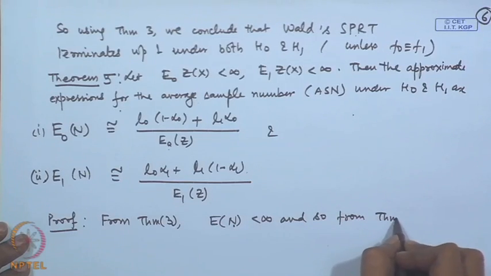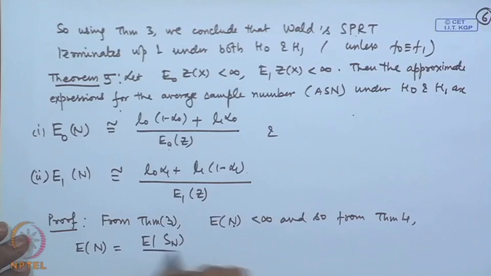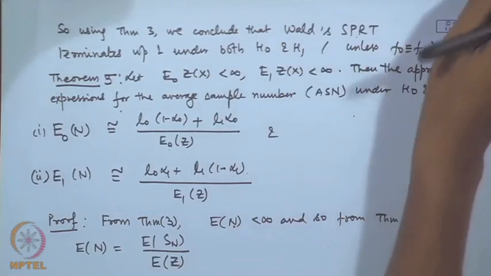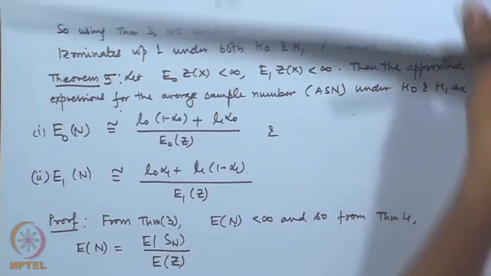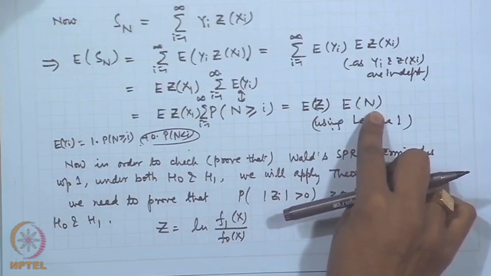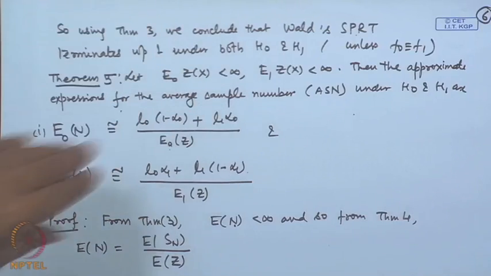So, from theorem 4, expectation n can be written as expectation of S n divided by expectation of z. We proved the result that expectation of S n was proved to be expectation z into expectation n. So, I am just putting it in the denominator here.